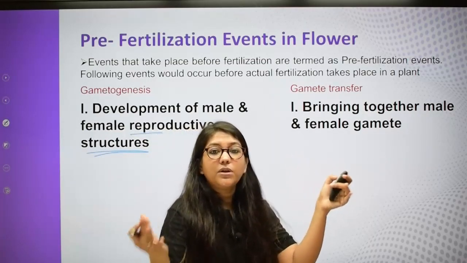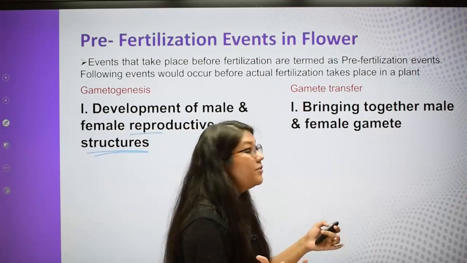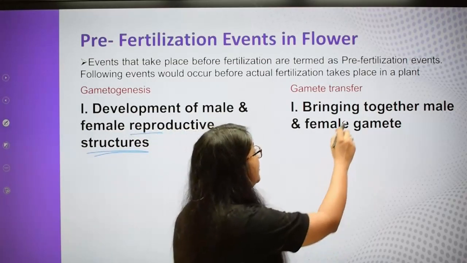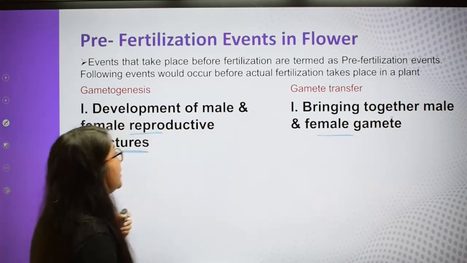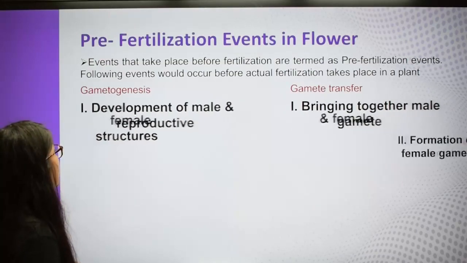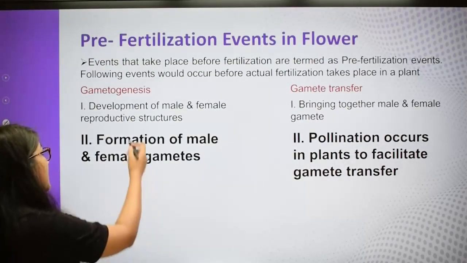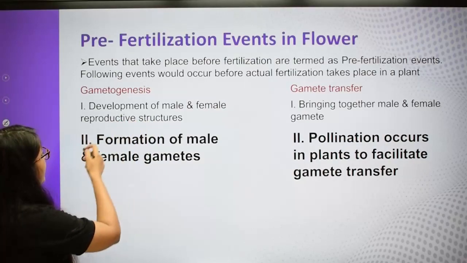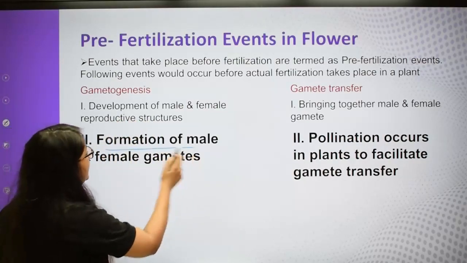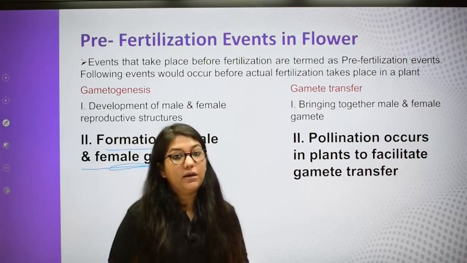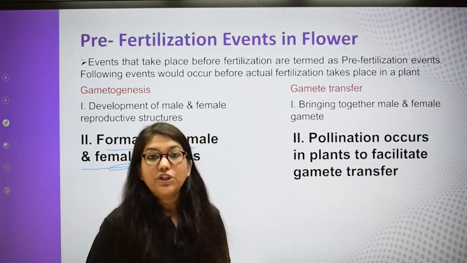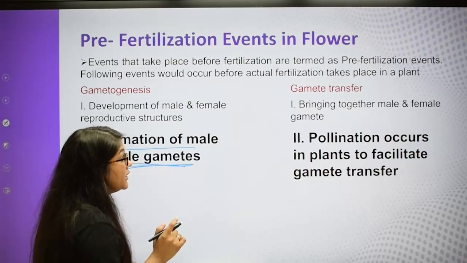Gamete transfer, the name itself tells us what is happening in this step, bringing together the male and the female gamete. Right, we'll be talking about the process of pollination here. Then development of the male and the female reproductive structure. Next is the formation of the male and the female gamete, because ultimately for the process of fertilization, what do we need? We need these gametes, right?